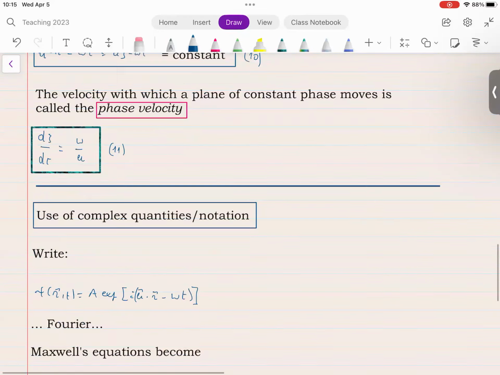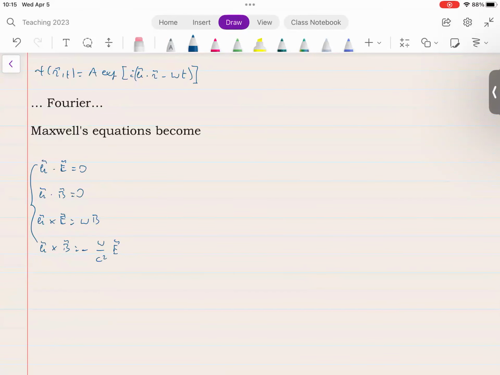And I lost count again. Just let me number them: 12, 13, 14, and 15. From 12 and 13, we see that k dot E equal to 0 means that E is perpendicular to k. k dot B equal to 0 means that B is perpendicular to k.